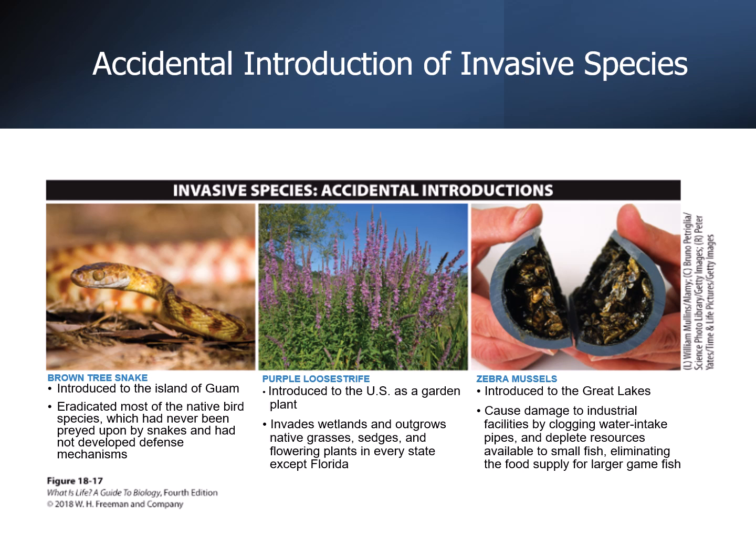Our last accidental introduction of an invasive species example is zebra mussels. And these are kind of like clams, where they were introduced to the Great Lakes in the US.